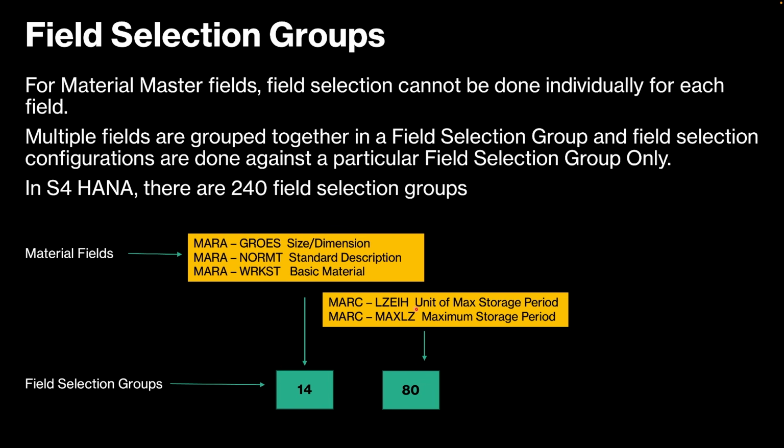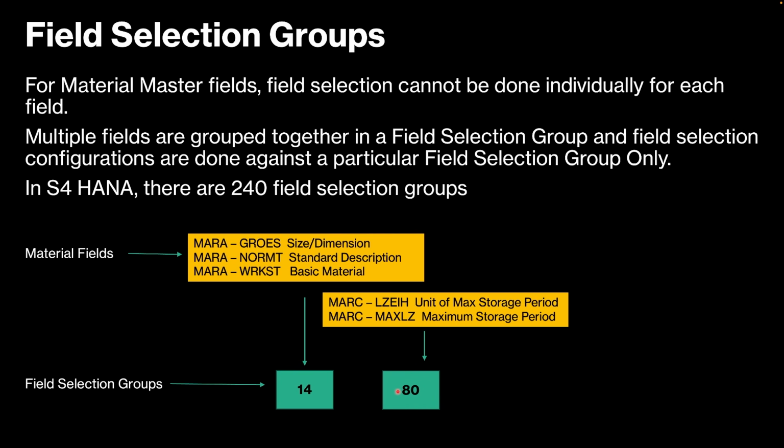Similarly, you can see you have these two fields, that is unit of max storage period and maximum storage period. These two fields are lying in MARC table. These two fields are assigned to the field selection group 80. So if you have to do field selection for any of these fields, then you have to do the field selection against this field selection group 80.